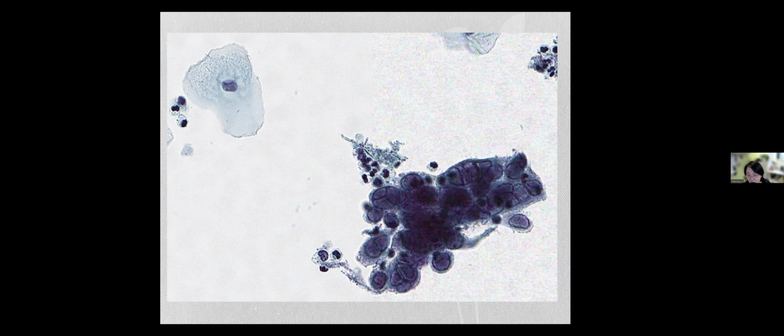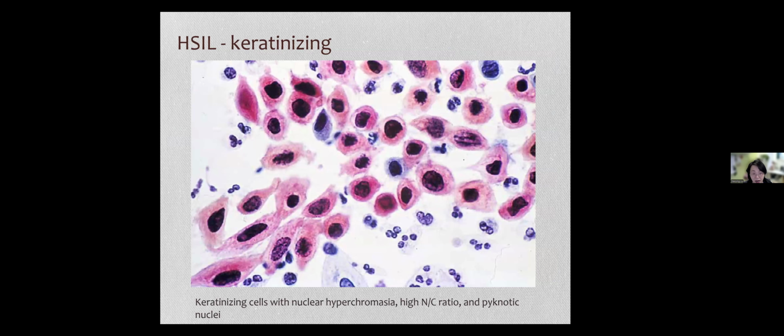This is even more obvious, right? Nuclear molding, chromatin margination, the 3 Ms. So this is herpes. It's a mimic. If you don't look closely at high power, you can call it HSIL at low power. So just keep that differential in your mind.